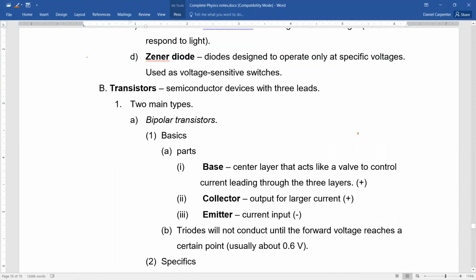3 is, of course, 2 was di, 3 is tri, and occasionally I hear or used to hear people refer to these as triodes for the transistors, because they have 3 leads for 3 parts.